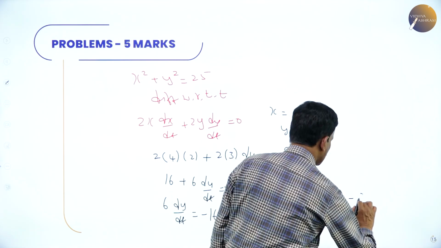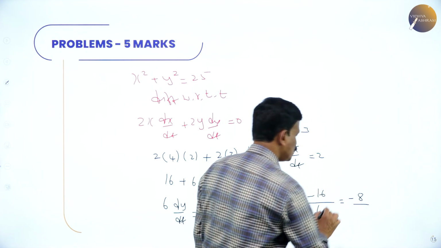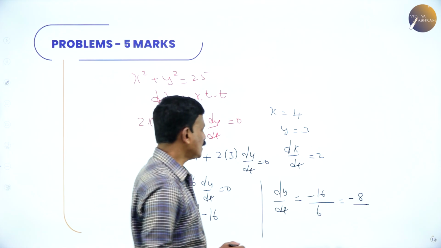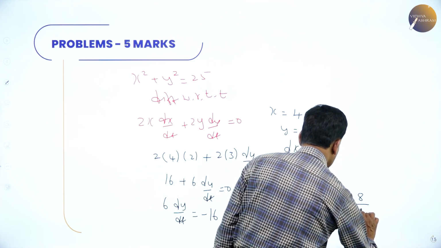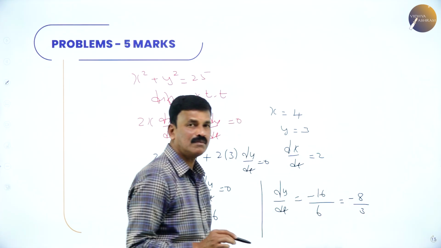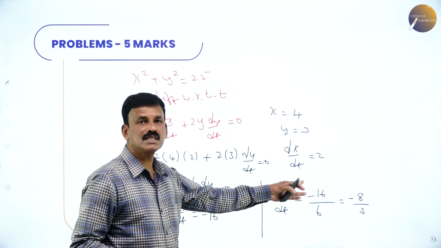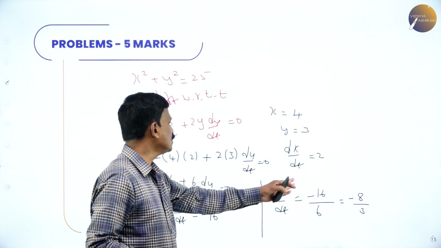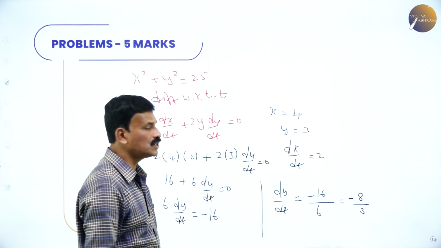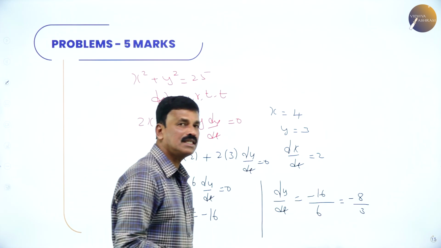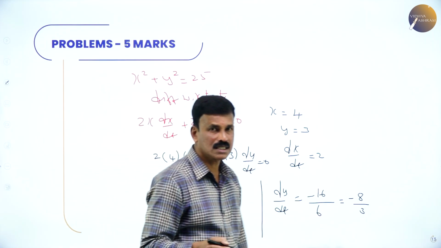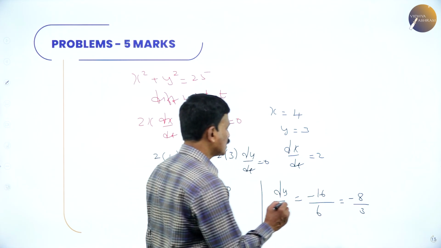Divide by 2: 8 twos are 16, again 3 twos are 6. So dy by dt is equal to minus 8 by 3. The negative sign indicates it is decreasing. That's it. So what is the unit? Meters per second.